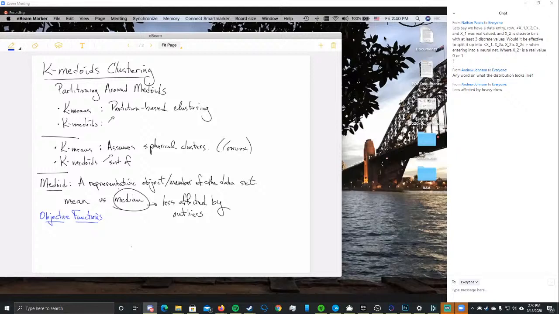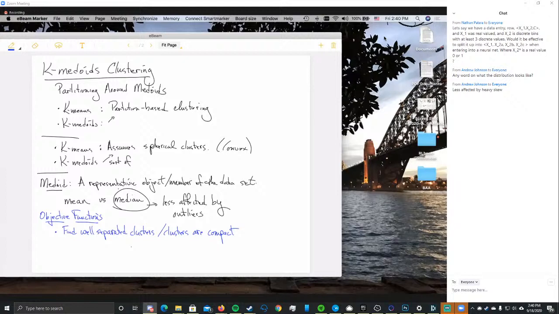But in general, what we want is an objective function that will enable us to find well-separated clusters where the clusters are compact.